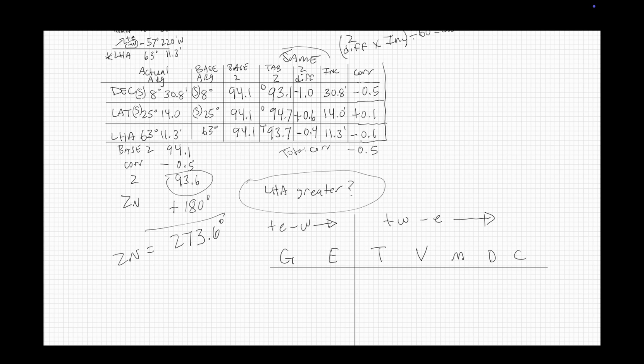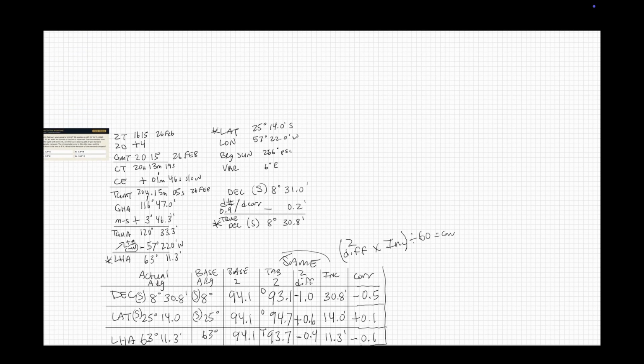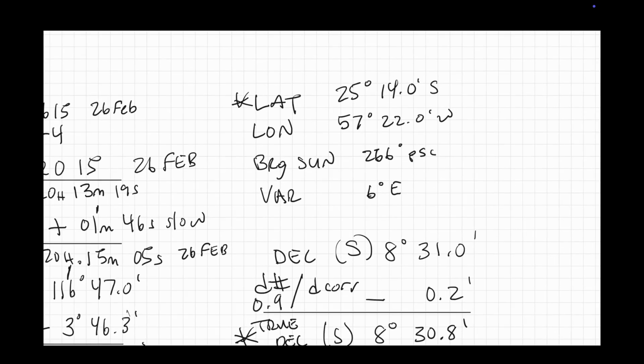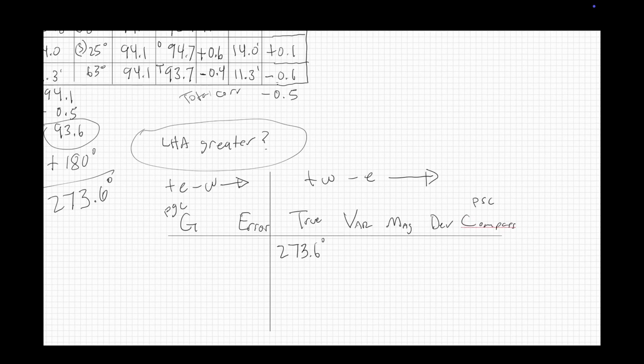So we're trying to go from our true bearing, 273.6 degrees, to our PSC. This is true, variation, magnetic, deviation, compass, error. This is PGC, okay? So what was given? Our bearing was 266 degrees PSC, and our variation is 6 degrees east.